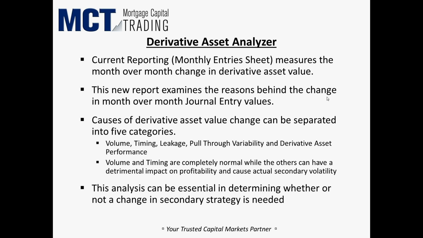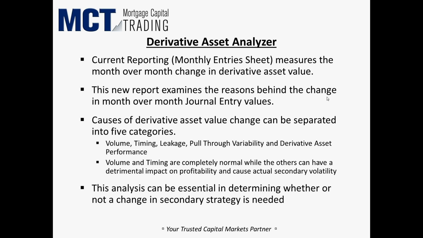asset performance. As it says here, volume and timing are experienced by even the largest, most profitable lenders in the country. Those issues are perfectly normal, and they can cause fairly large differentials month over month in your derivative asset entries.